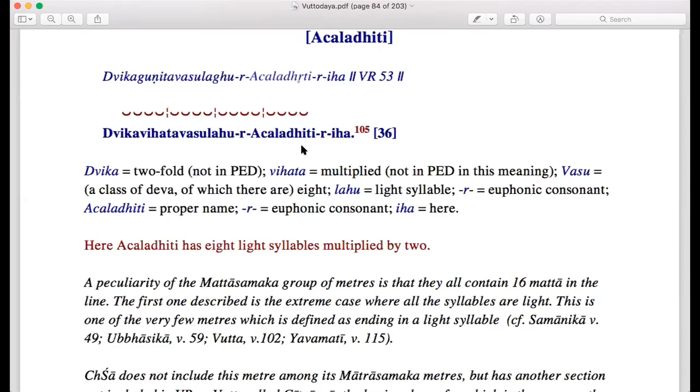For example, where the Rupa Siddhi mentions the places to insert R, it says Rakaragamo ni du patu puna dhi pata chaturadito.